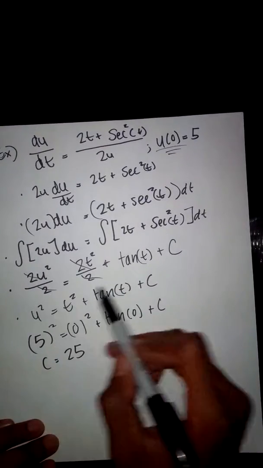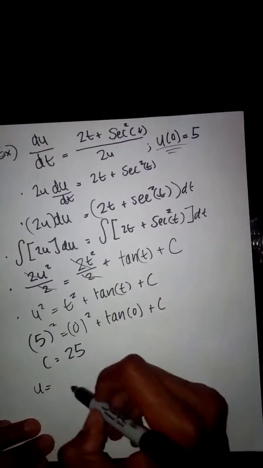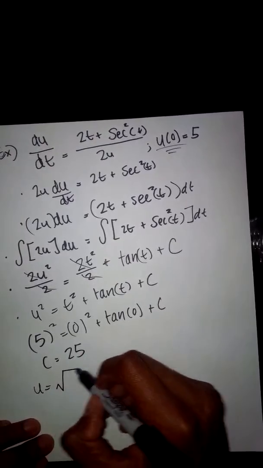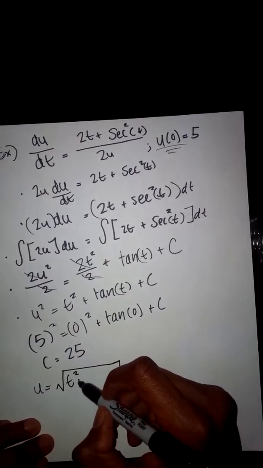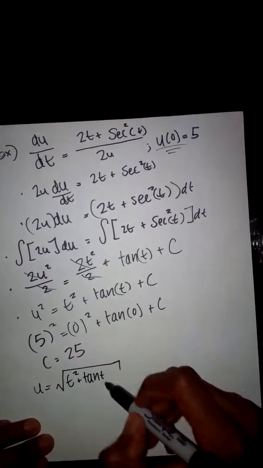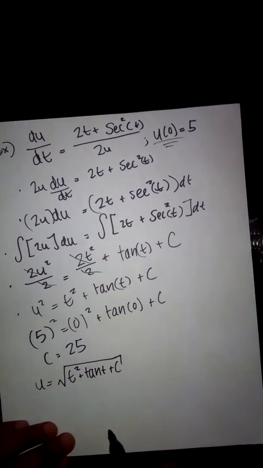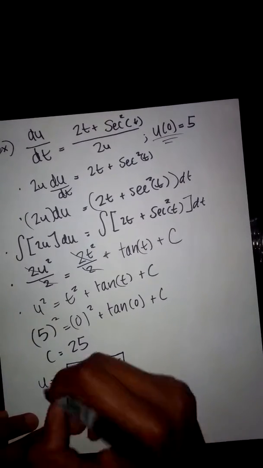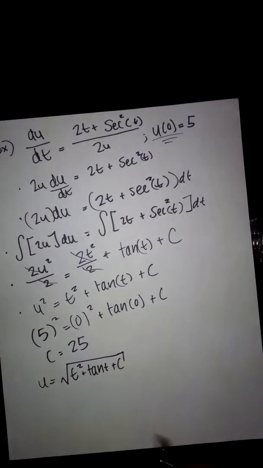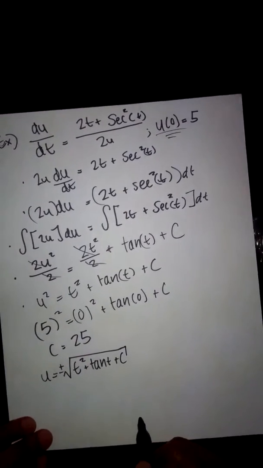Now, taking the square root of both sides, I get u is equal to the square root of t squared plus tangent of t plus c, right? Plugging in our newly found constant of integration, before anything, I should do plus or minus here because it's a square root.